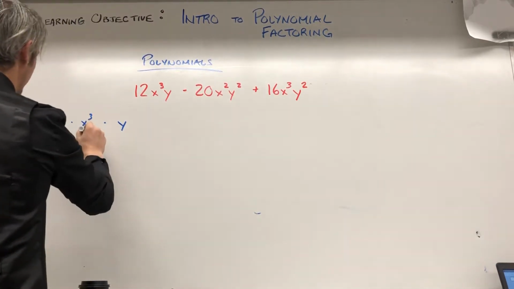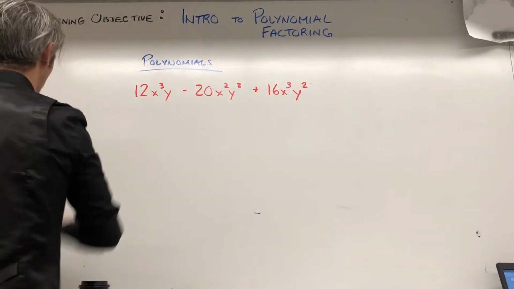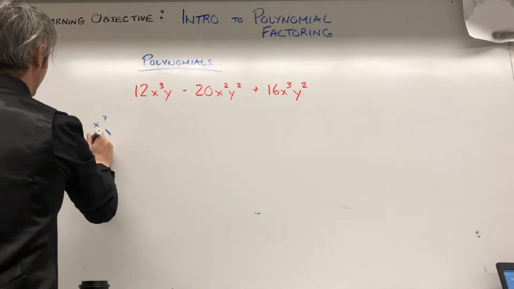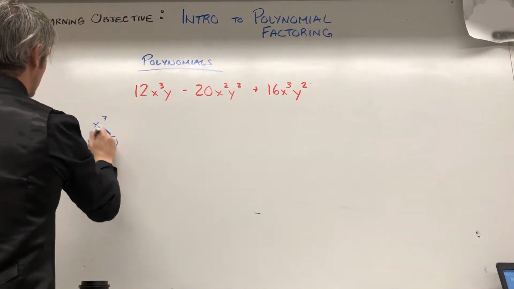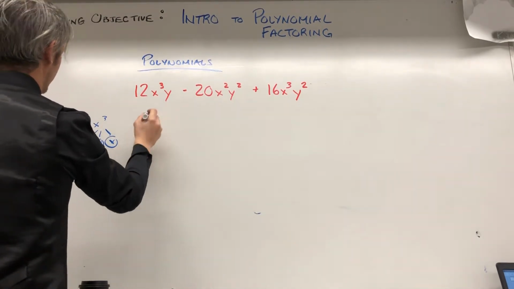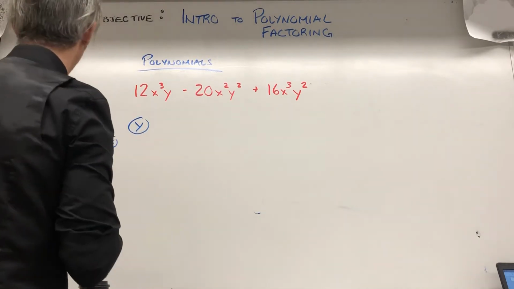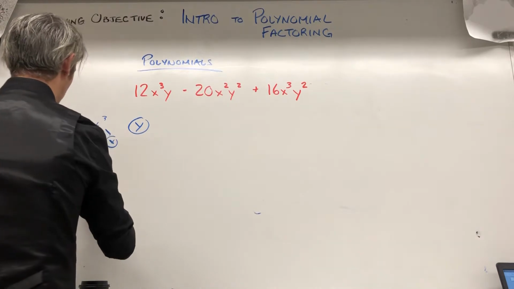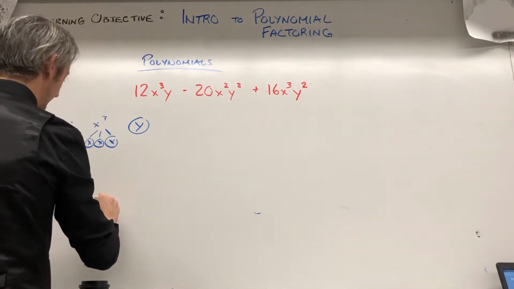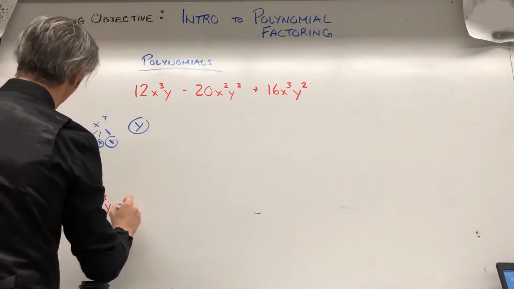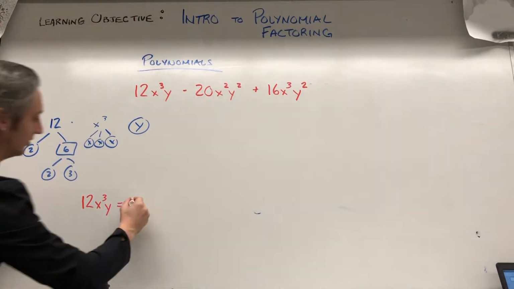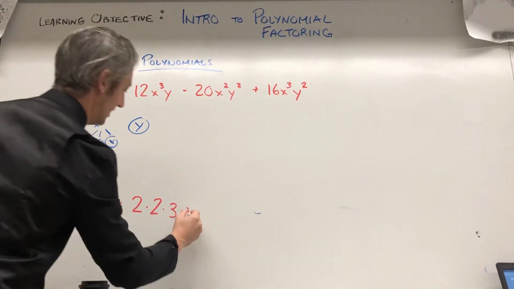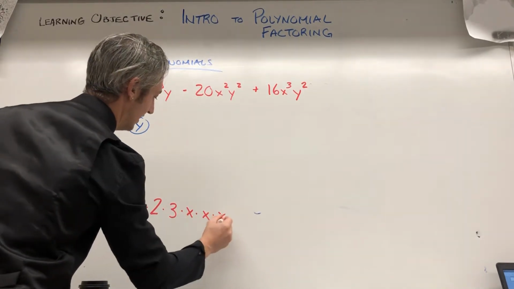The x cubed is 3 x's, and then y is just y. Okay, so 12 x cubed y factors into 2 times 2 times 3, so 2 times 2 times 3 times x times x times x times y.